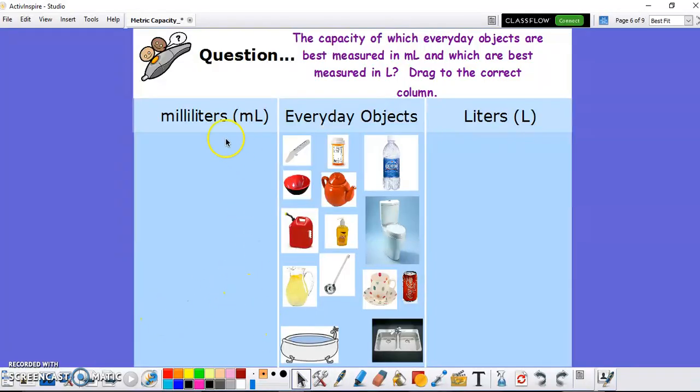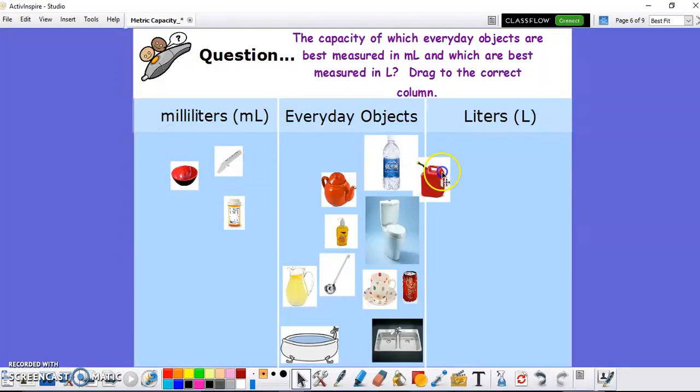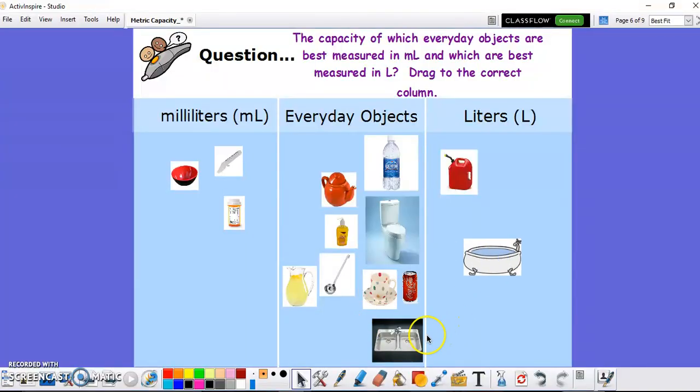If I'm talking about the small units like an eyedropper or medicine or things that would go into cereal bowls, I'm on the milliliter side. I'm talking more about jugs of gasoline, tubs, and sinks on the large side for liters. Those would be the most common things that you would measure on either one of these sides.